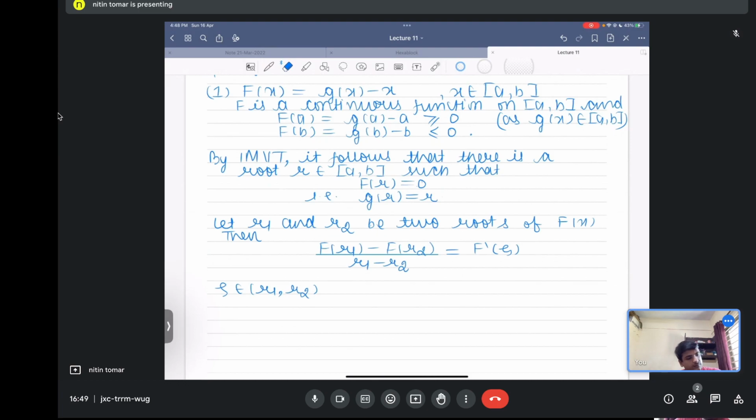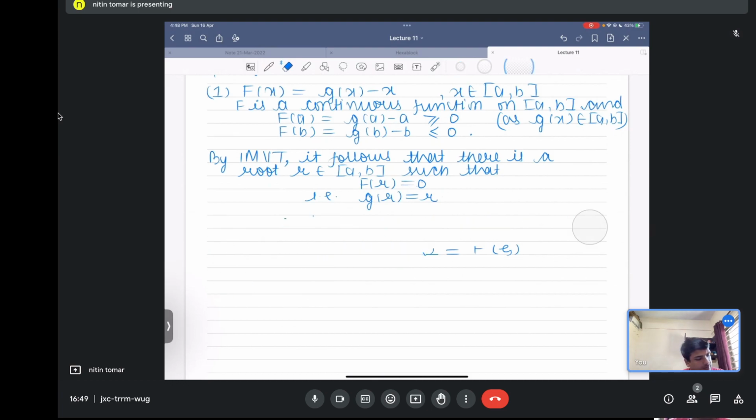Okay, let us first make sure that it has a root. Uniqueness we'll see later.